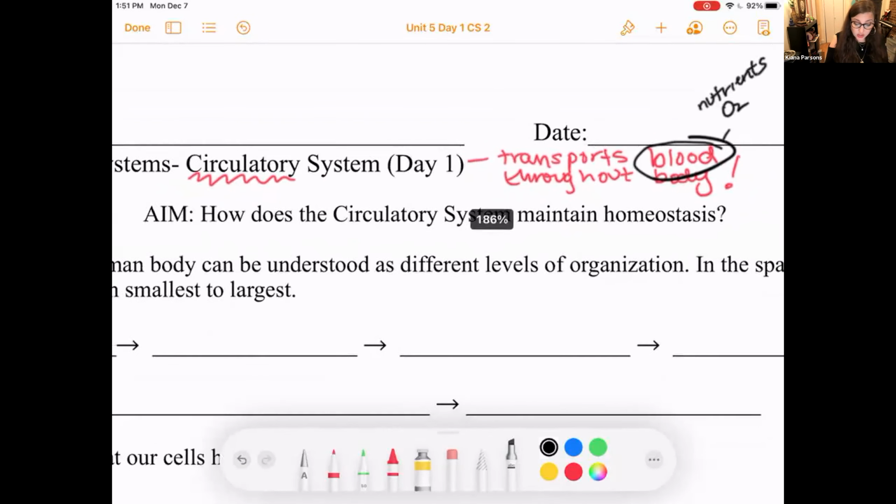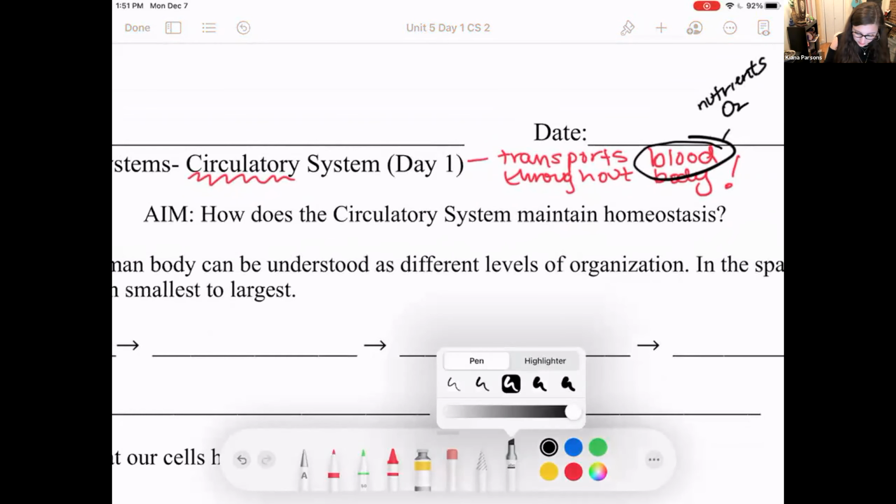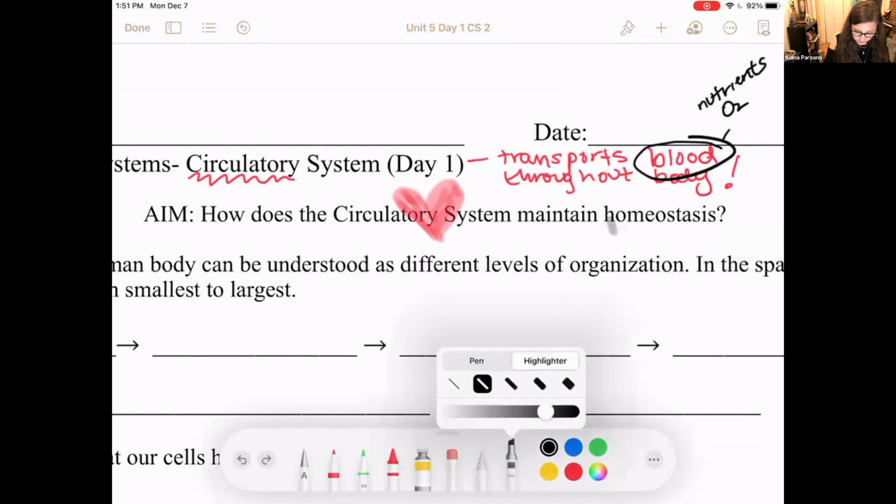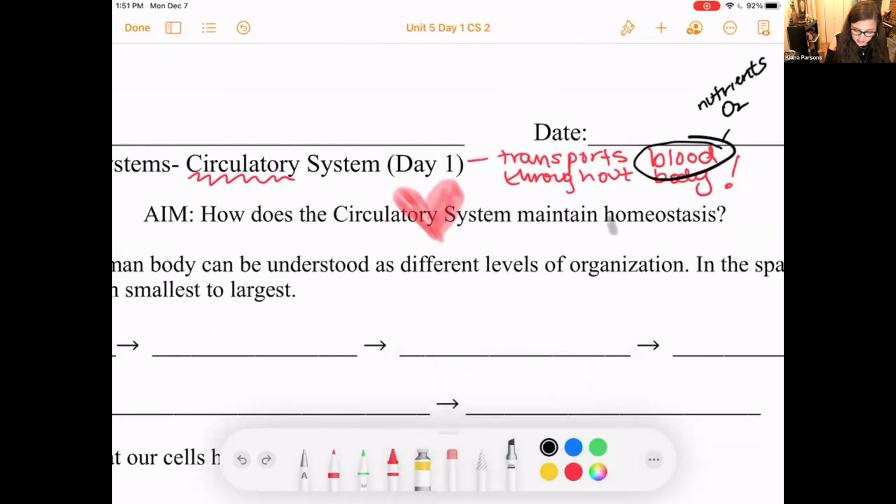And today we're starting with, how does the circulatory system, and remember that's our heart that pumps our blood throughout our body, help us maintain homeostasis, right? So that stable internal environment.